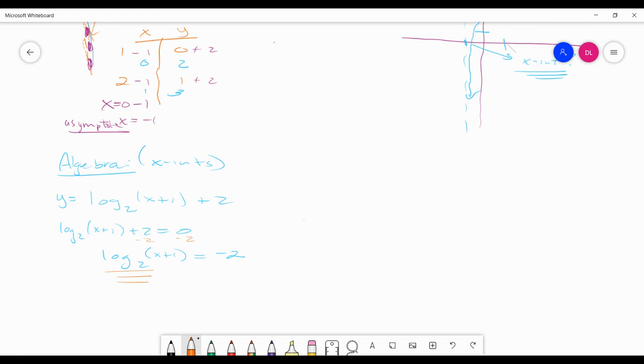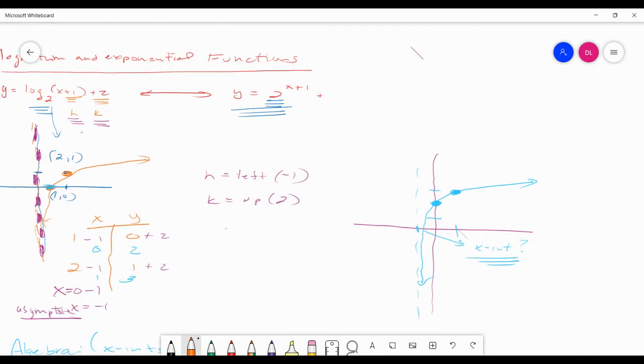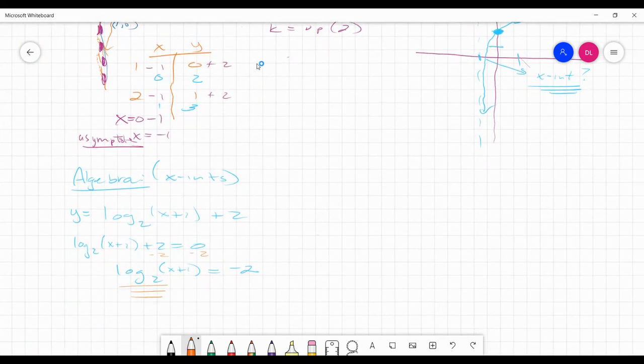We did the inverse operation. When we take the square root of something, we square it. So we're always looking for the inverse operation. And so this week, if you remember, go back up here, our inverse operation is 2 to the x power. So that is the inverse of log base 2.